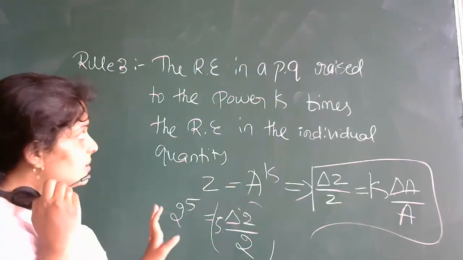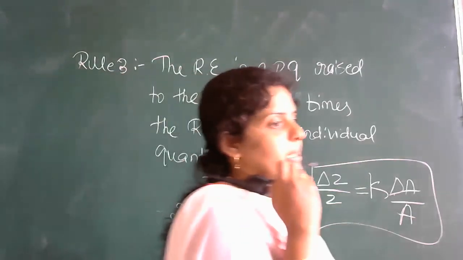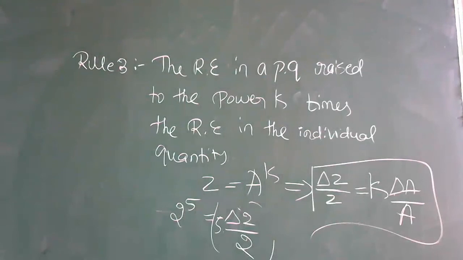Understood? So this is your rule 3. Is it clear, everyone? Is it clear? All 3 rules of combination of errors. You may feel a little difficulty in understanding this. If your English is good, it will be easy for you to understand.